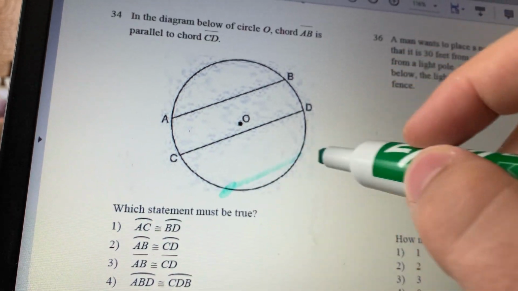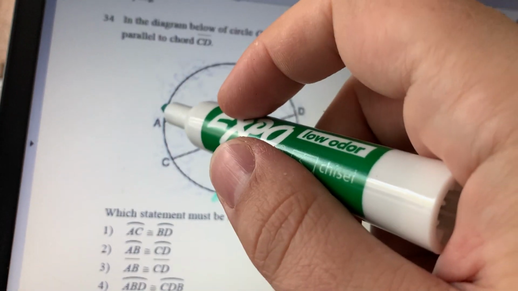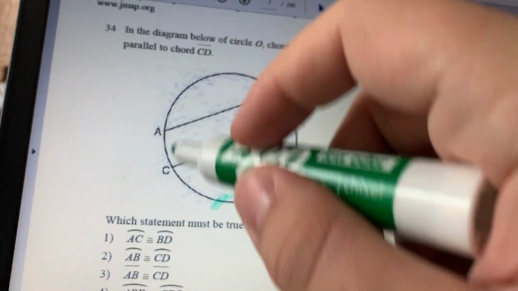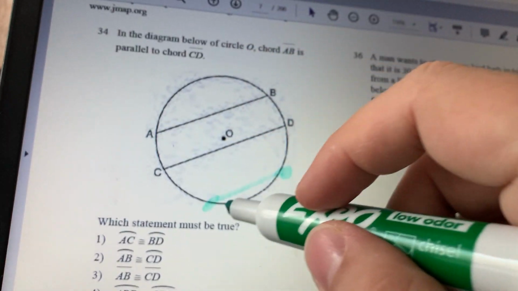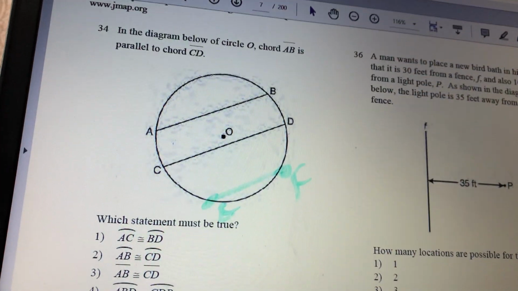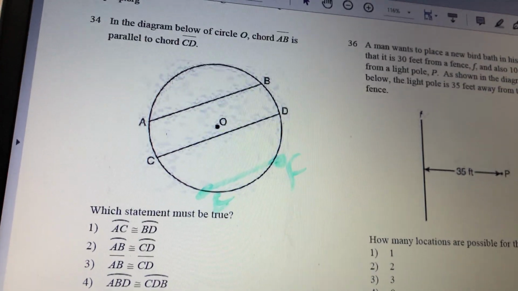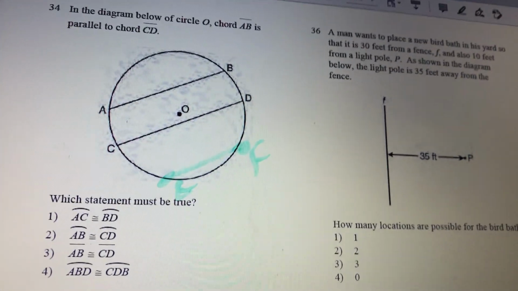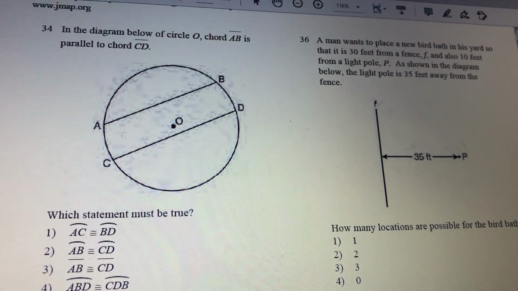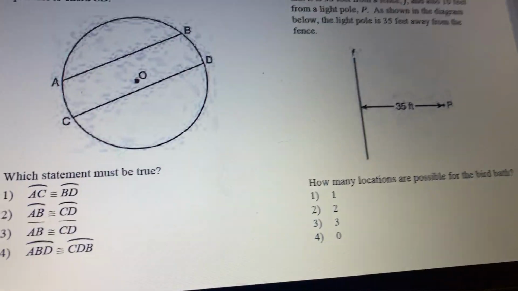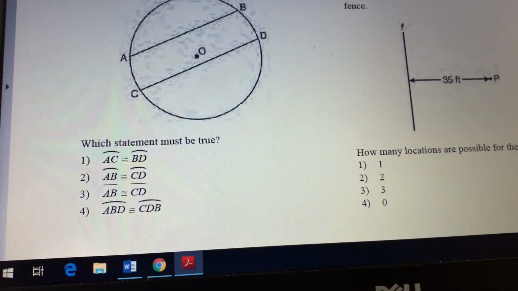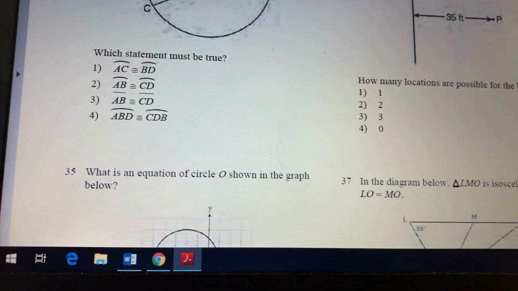So if this was E and this was F, since the circle's going the same distance around the center, since it's all focused on the center, if this were AE and this were BF, those would be the same as well. So it's the idea of it being parallel and it being a circle. So that's going to be answer choice, sorry, I was looking for the cap for my marker, A. Or answer choice 1, what they have on there.